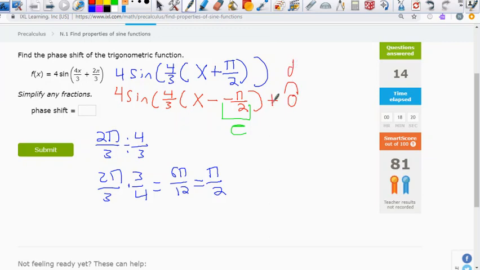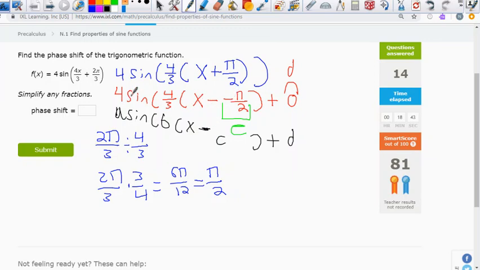And that's the reason why, because our trig function is always in the form a times the sine of b, x minus c, plus d. Because we have that minus sign, that's why it's negative pi over 2.